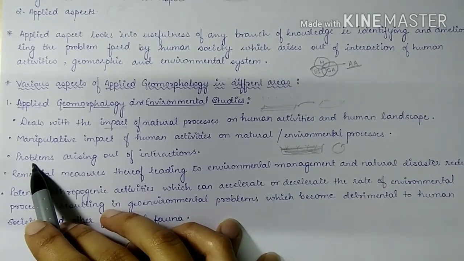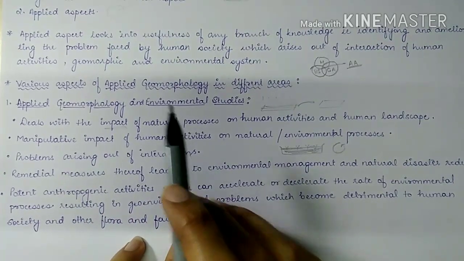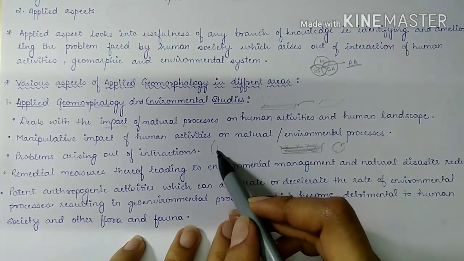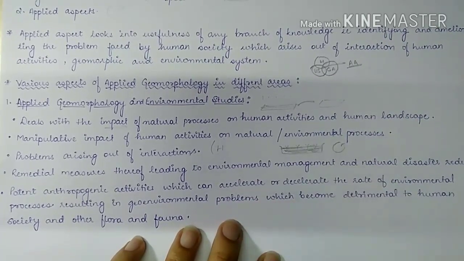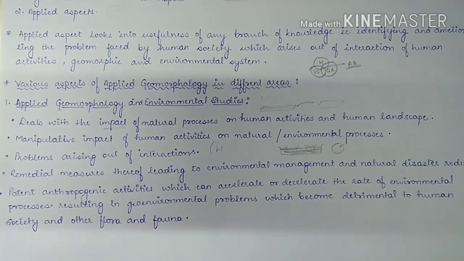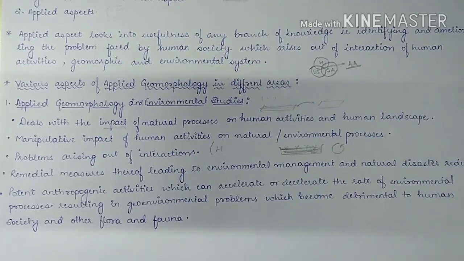Then we have problems arising out of the intersection of human and environment. Humans, for economic and other benefits, affect the environment. There are various problems: when we do excessive mining, we have tectonic problems, like more earthquakes in that area.